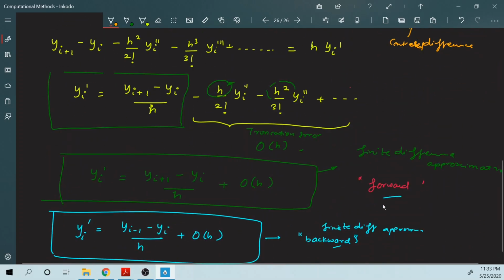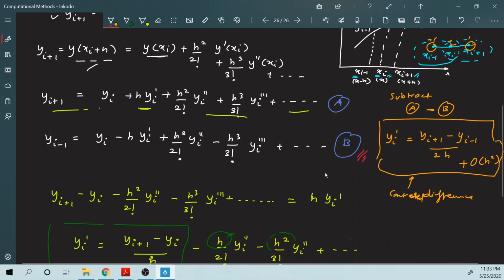Okay. So this was for the first derivative. Again, if you play with A and B, you will get another equation, and that equation is going to be for your second derivative.